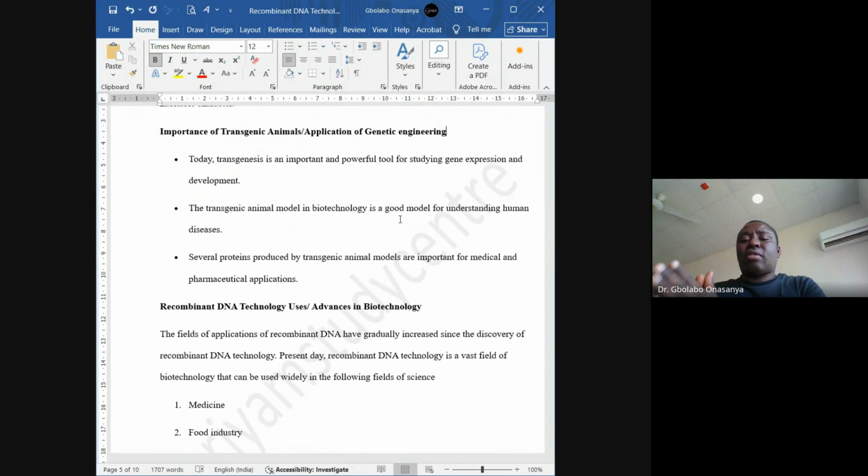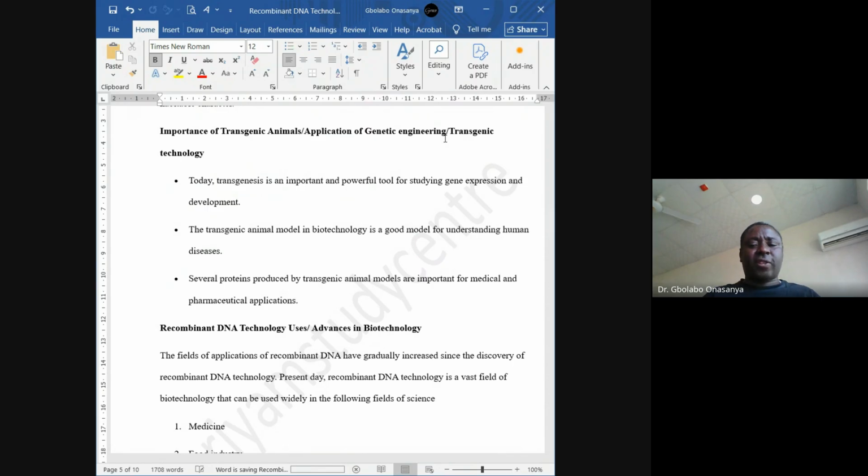We can use transgenic technology in studying all of this, to see how a gene responds to a certain drug.